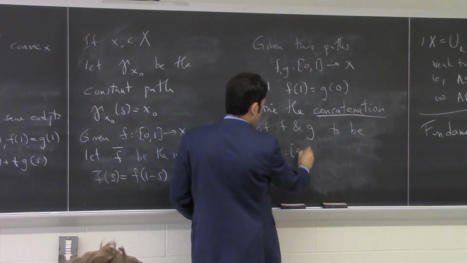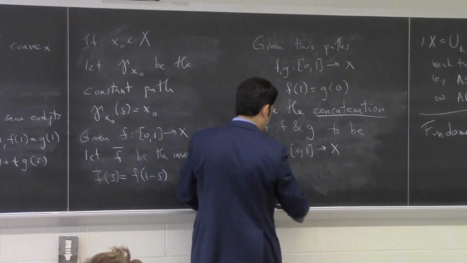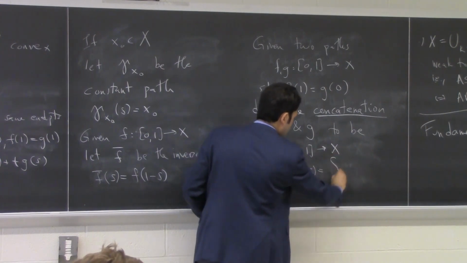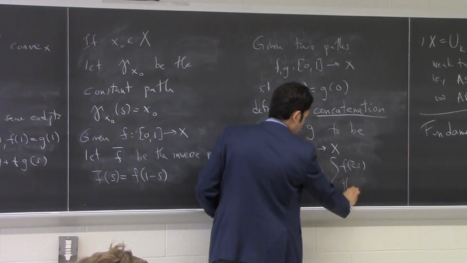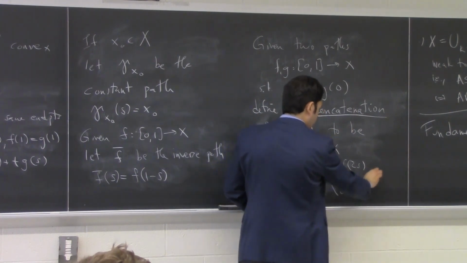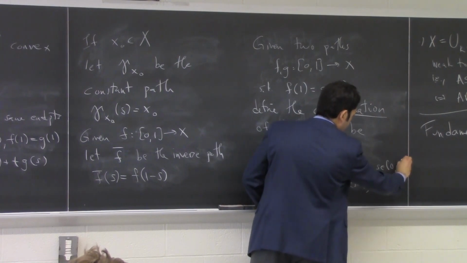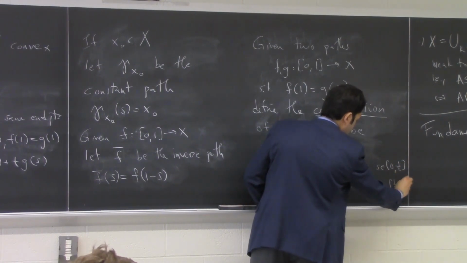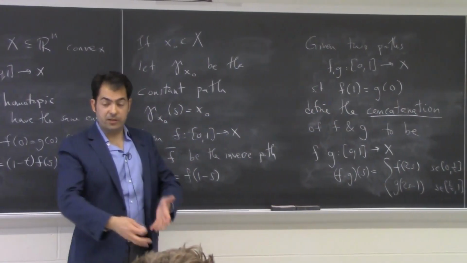This is a path in X, so you do f twice as fast and then g twice as fast, just so that you finish inside the interval. Right? So you do f then g.